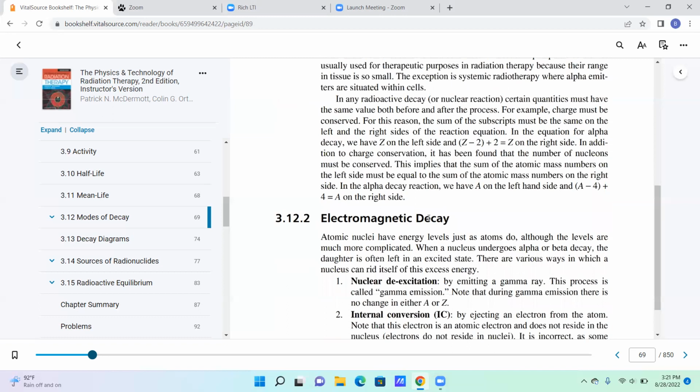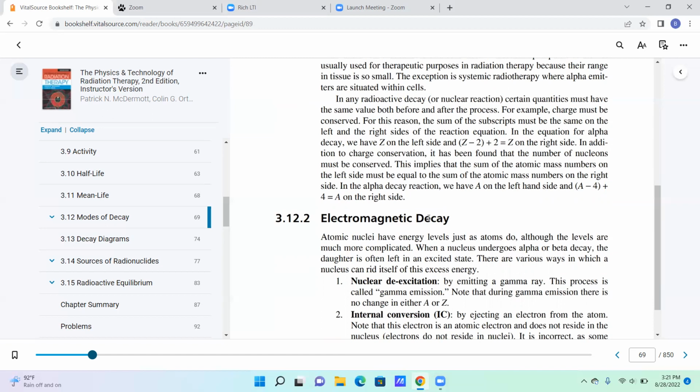In any radioactive decay or nuclear reaction, certain quantities must have the same value both before and after the process. So charge must be conserved, and for that reason, the sum of the subscripts must be the same on the left and right sides of the reaction equation.